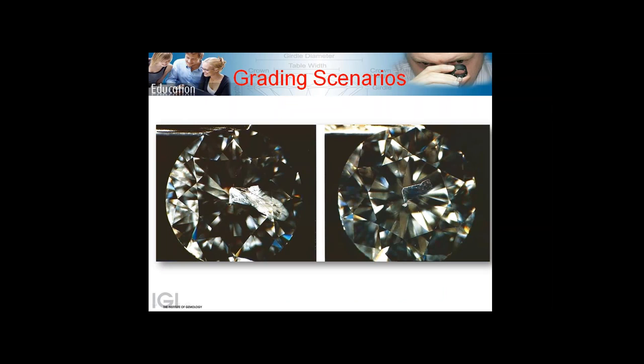When we look at the same stone from the pavilion, we see a little pinkish or purplish flash coming from the feather. That rings a bell in our mind whether this stone could be enhanced for clarity. That means using molten glass or material, they filled the feather. So you see they filled the feather here, and now you can see through it.